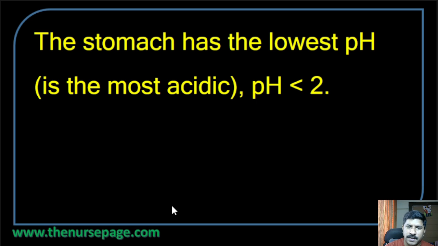But when it goes to the intestine, the contents will be alkaline. So the stomach has the lowest pH, less than 2, because of the presence of hydrochloric acid. When pH increases, the acidic level reduces. Then 7 is a neutral pH, and more than 7 means the solution will be alkaline.